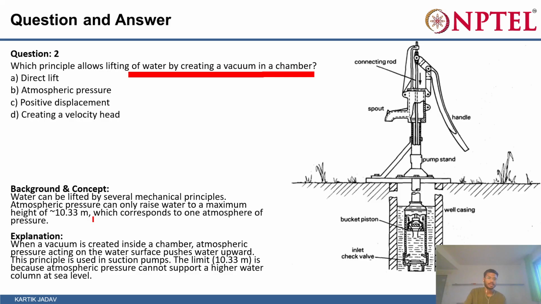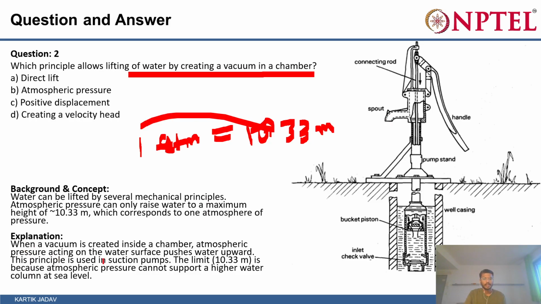Atmospheric pressure can only raise water to a maximum height of one atmosphere, which is equal to 10.33 meters.